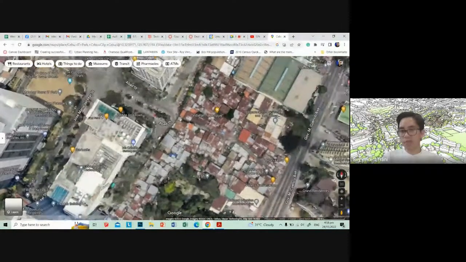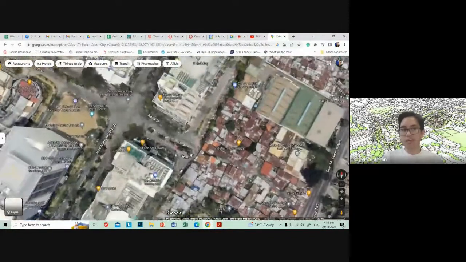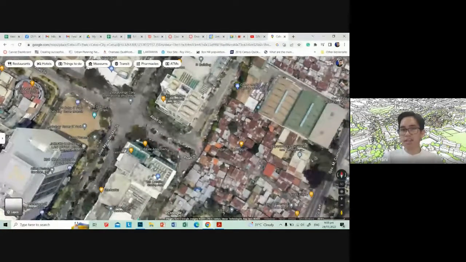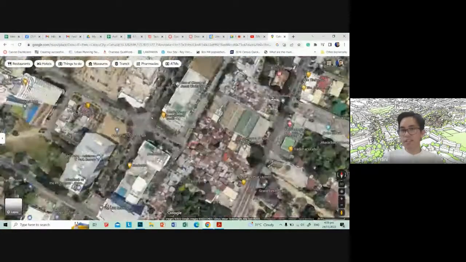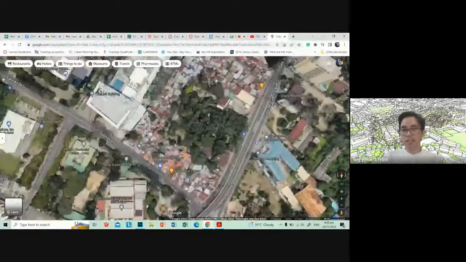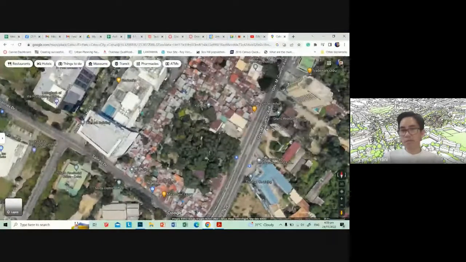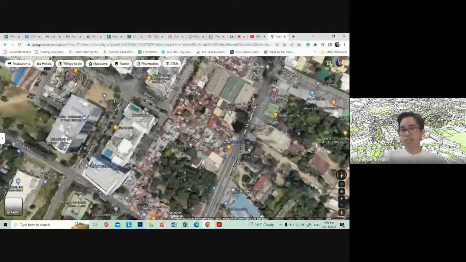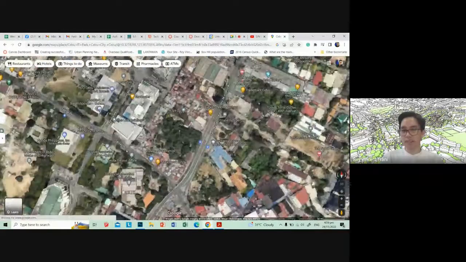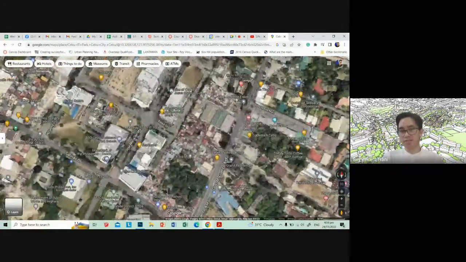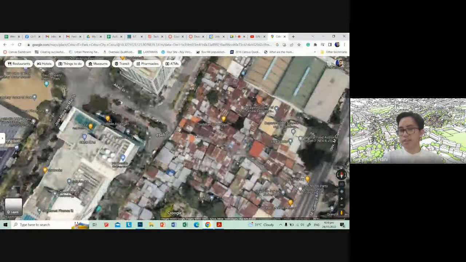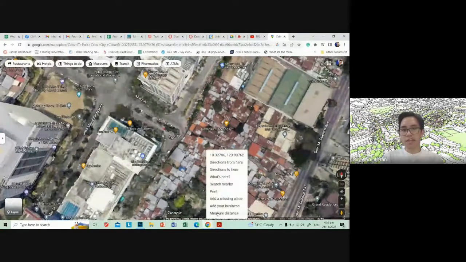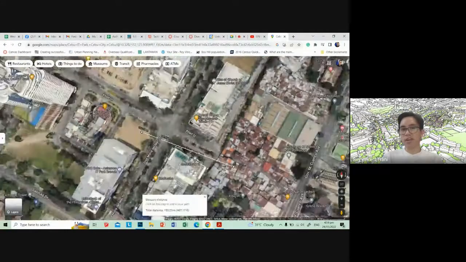Maybe if some college graduate is living here, they can also be the call center agent, because these informal settlements don't really happen randomly. They usually settle where they can find jobs. That's why they're here in the city, to find jobs. So more likely, you have entry level people in their 20s or mid 20s. This is a very good indicator that you will get your office workers from here.